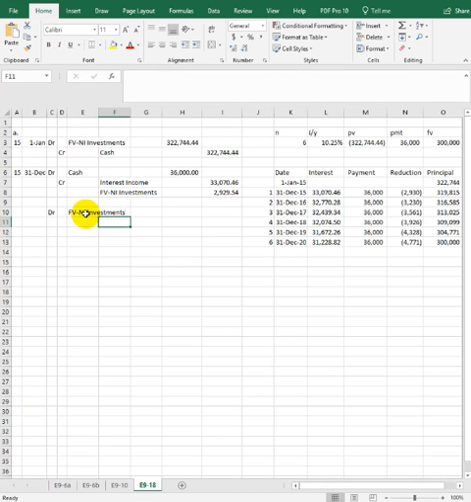And we'll put that into, we can call it investment gain or loss. They call it unrealized gain or loss.